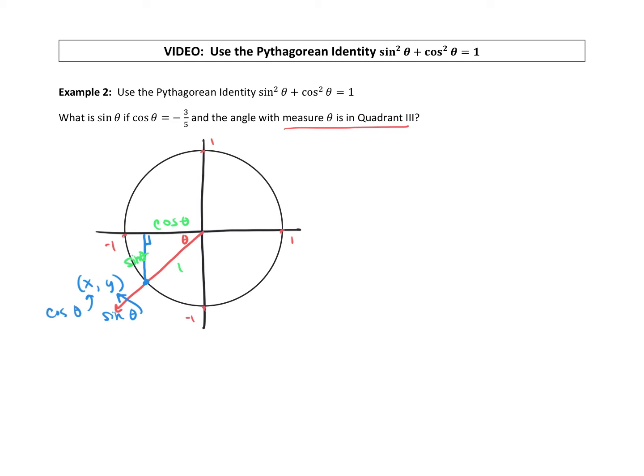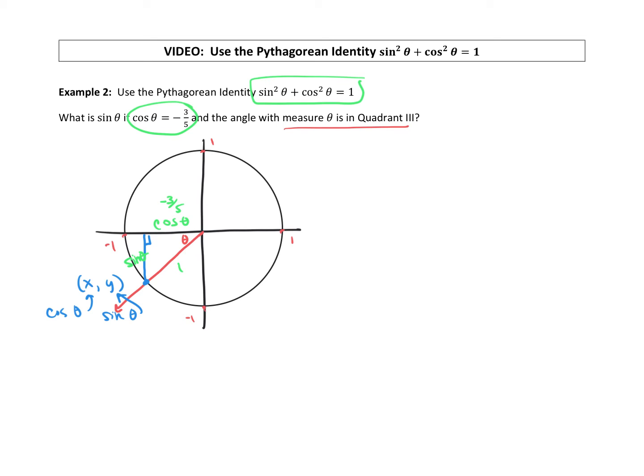So we were told that the cosine of theta is a negative 3/5. So I'm just going to put a negative 3/5 up there by cosine of theta. And we're being asked to find sine of theta. So we're going to use our Pythagorean identity, plug in what we know, do a little solving.